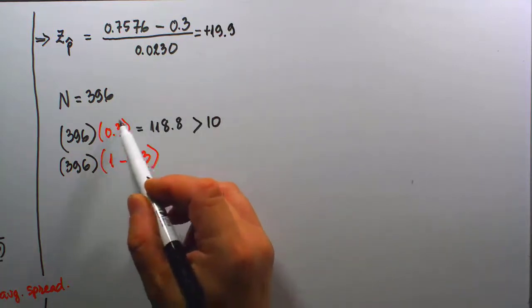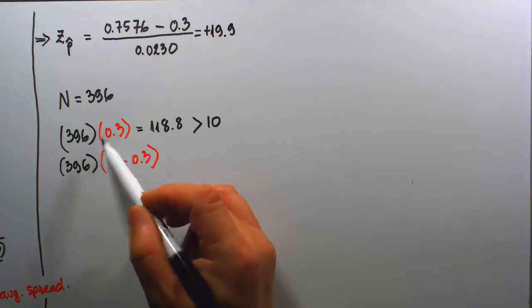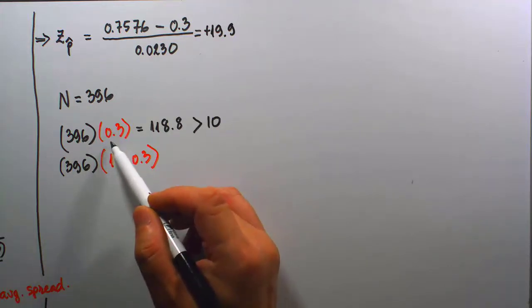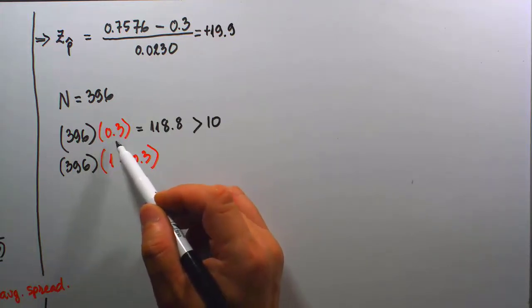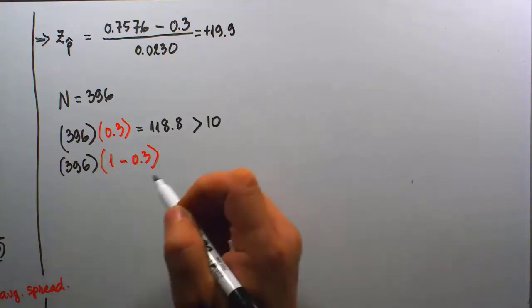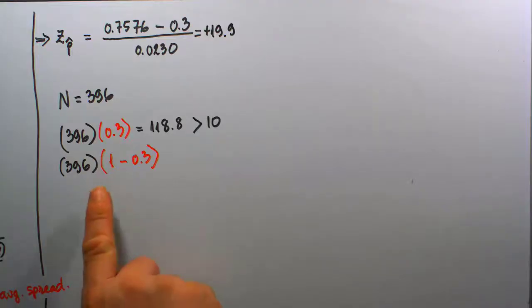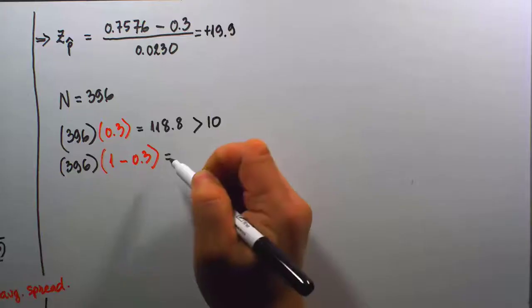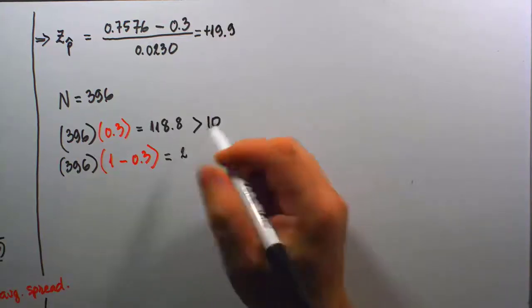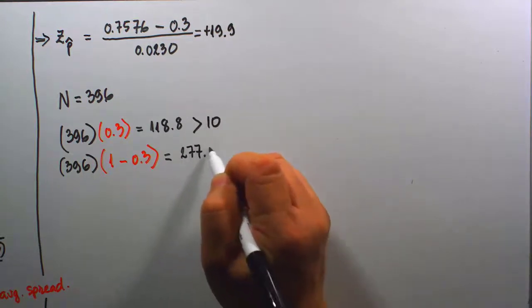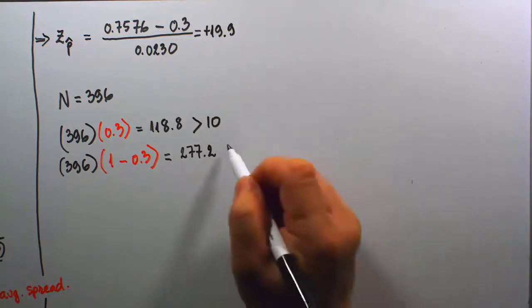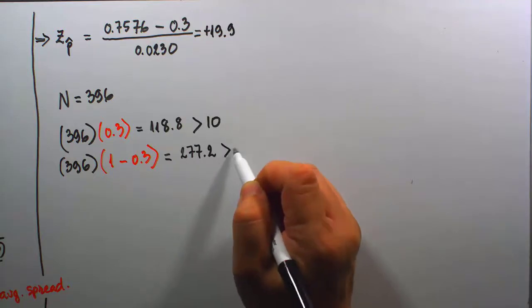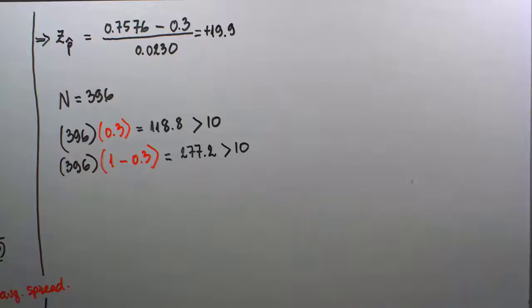We're accepting this value to be our population proportion value for iPhone users. And so 396 times the quantity 1 minus 0.3 equals 277.2, which is another value that's much greater than 10.